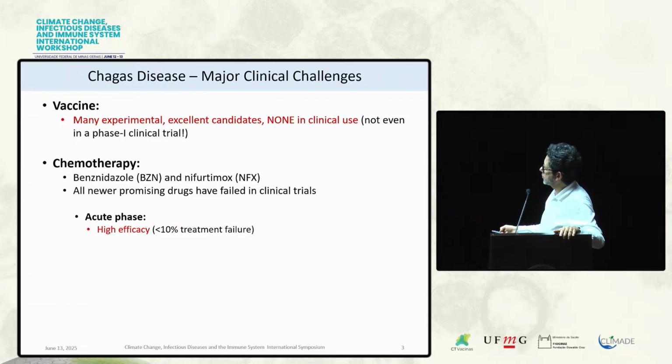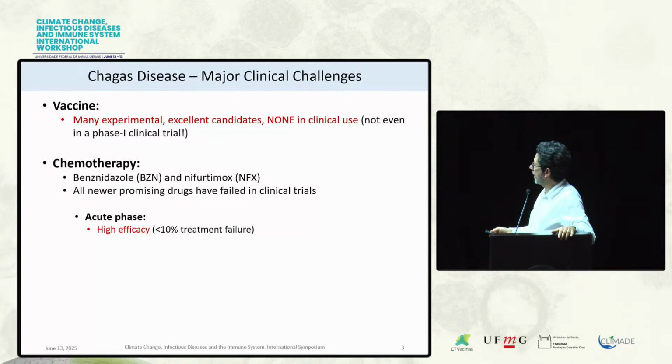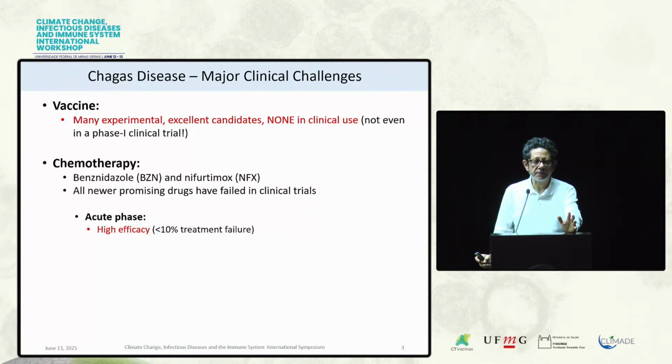In the acute phase, these drugs are excellent. They have high efficacy, 90 percent or higher cure, very low treatment failure. The problem is that it's very difficult to diagnose the patient during the acute phase.